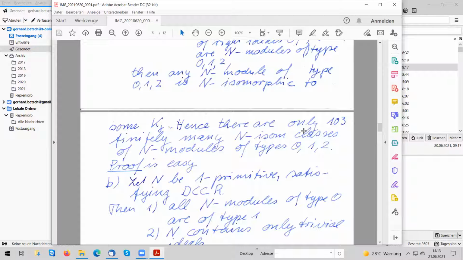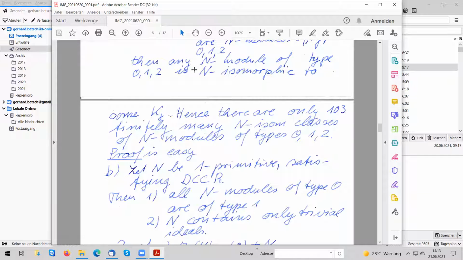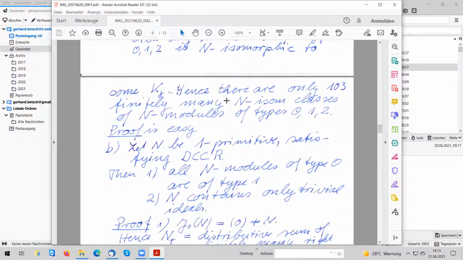Now let N be 1-primitive satisfying the descending chain condition for right ideals. That implies that J1 is 0. Then all the N-modules of type 0 are of type 1. So we have an increase of the type.